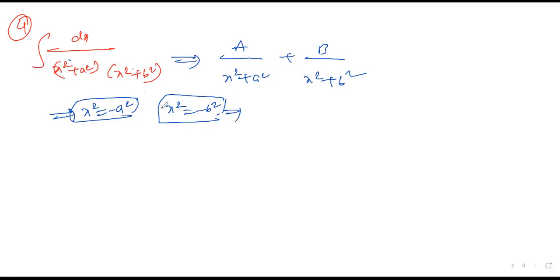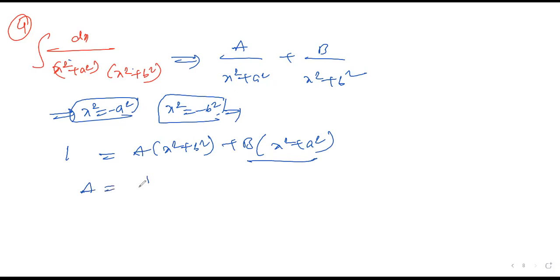If you are feeling it is tough, I'll write it out. I'll write the denominator directly: 1 is equal to a times of x square plus b square, then b times of x square plus a square. Substitute x square equal to minus a square. This is cancelled, right? Then you'll get a is equal to 1 by x square plus b square.